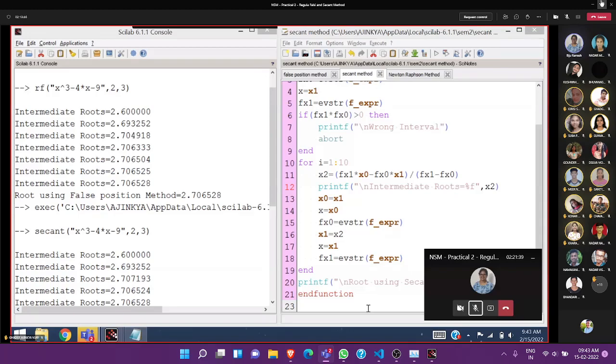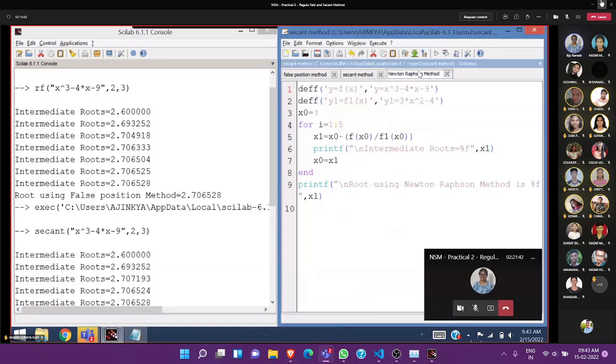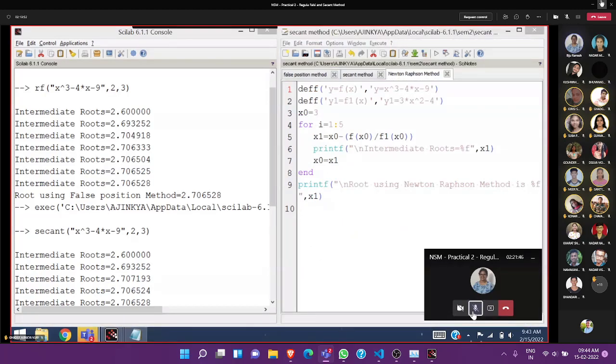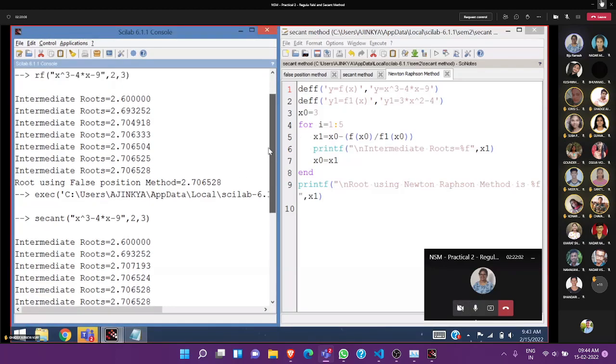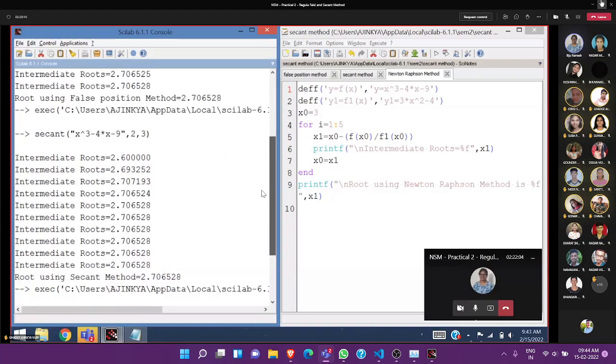Okay. Next program. Newton Raphson. X1 of X0. Okay, fine. And this is the output. Yes. Fine.